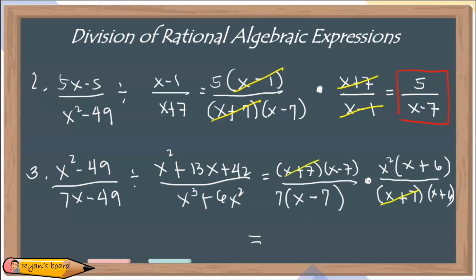X plus 7, yun. Ano pa? X minus 7. Okay? And x plus 6. Wala na. So, we have now yung natira na x squared. Sa baba naman, ang natira ay 7. Okay? So, this is now our answer. X squared over 7.